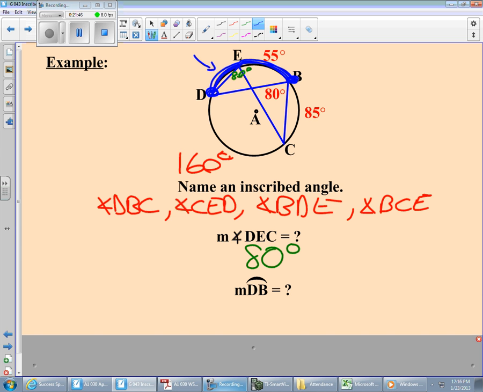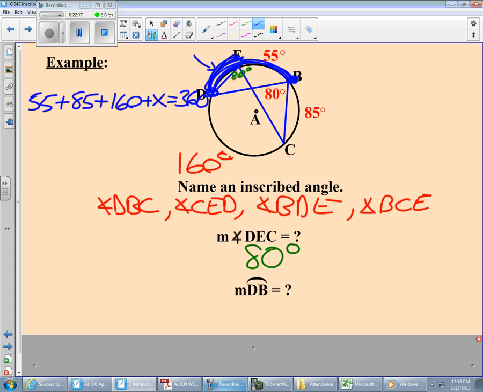Exactly. Good thing to notice would be that we have almost the entire circle. The only thing that is missing from the entire circle going around the circumference is arc DE right there. So if that's the case, then all we have to do is figure out how many degrees from 360 is missing. So we could say 55 that we know, 85 that we know, 160 that we know, and the arc ED that we do not know.